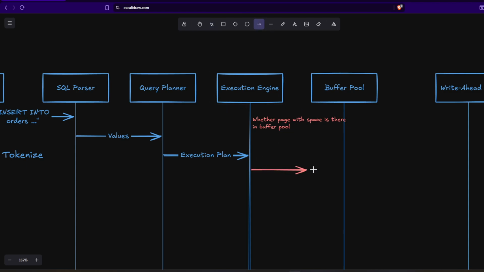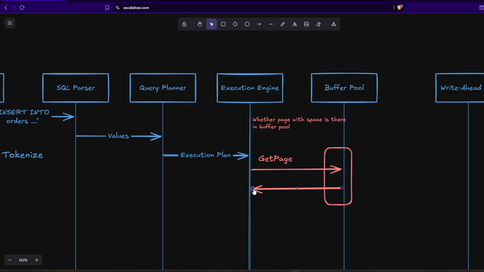So it will do some sort of a get page for this particular table. If it gets the page, it returns the page. So these two will go hand in hand.